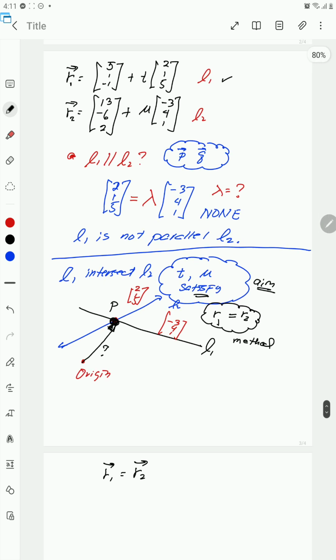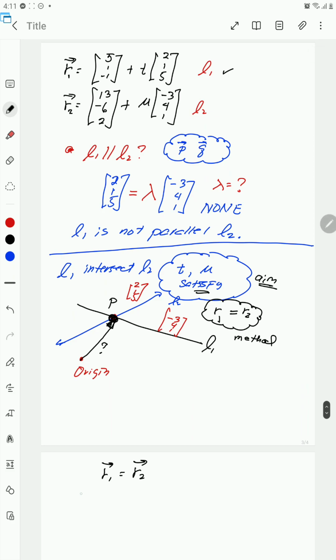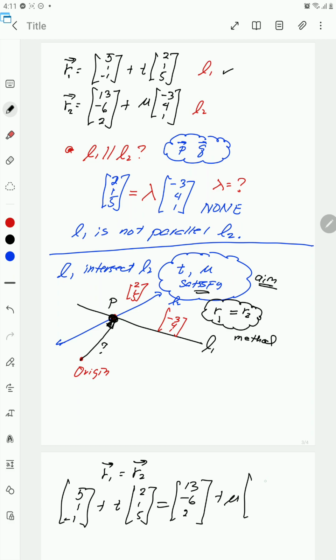My R1 says (5, 1, -1) plus t times (2, 1, 5) is equal to my R2, which is (13, -6, 2) plus mu times (-3, 4, 1). That is this method.